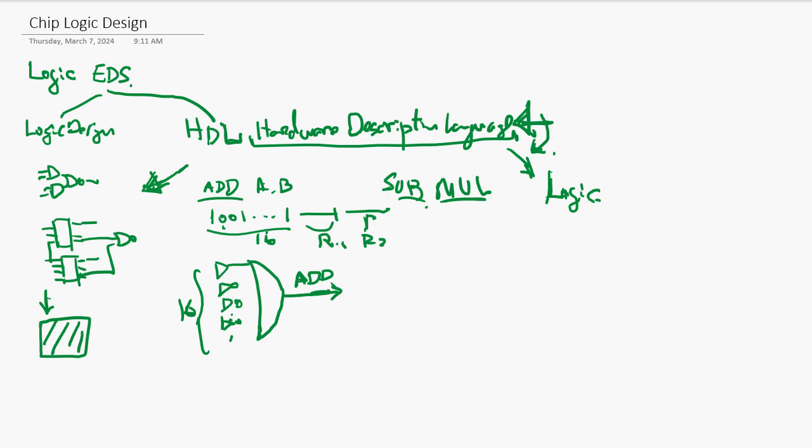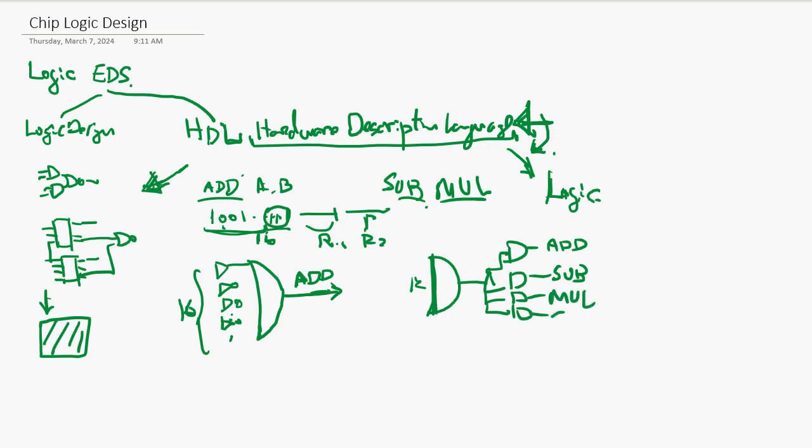But for this instruction, for example add, sub, multiply, those are controlled by only, say, 4 bits here. The other 12 bits are the same. It's better to have the 12 bits decoded by an AND gate and use this one for secondary decoding into add, subtract, multiply, shift, whatever.